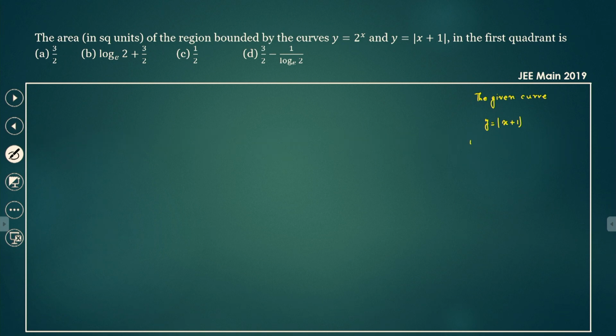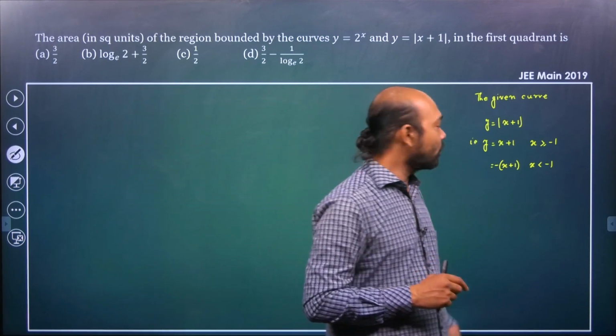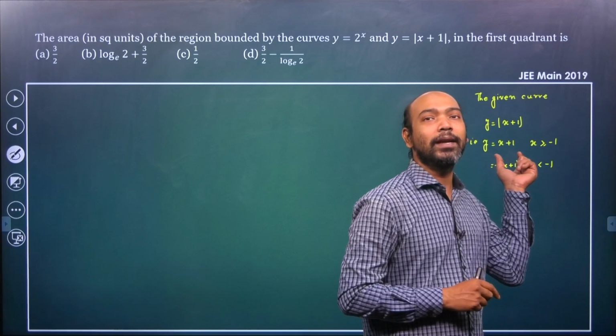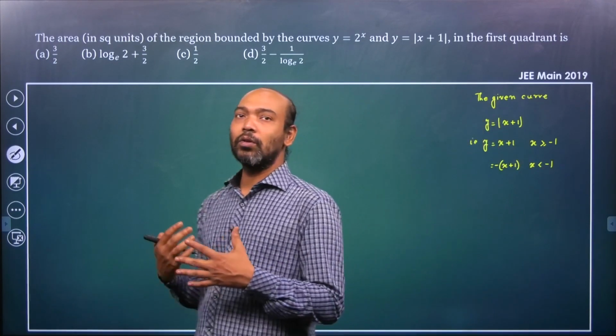So that is y equal to the straight line x plus 1 when x is greater than or equal to minus 1, and it is equal to minus of x plus 1 when x is less than minus 1. Now see that we are talking about always in the first quadrant. In the first quadrant, x plus y is greater than 0. So you can consider that this is the only curve, right? We don't bother about the mod now because it is always positive.